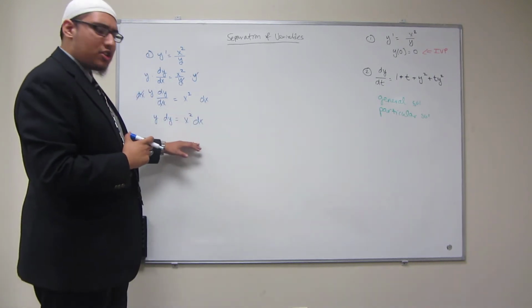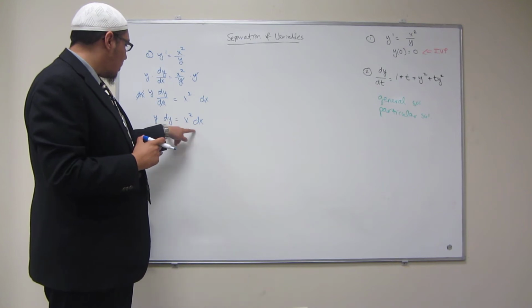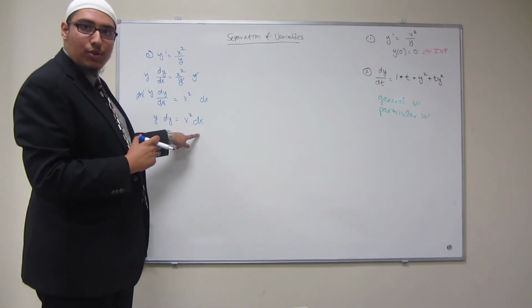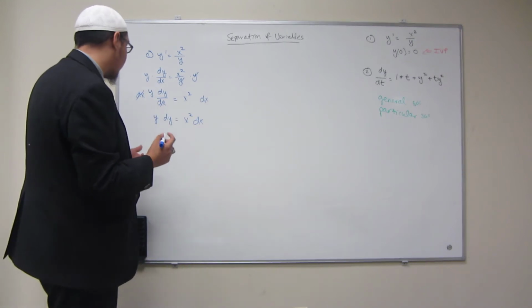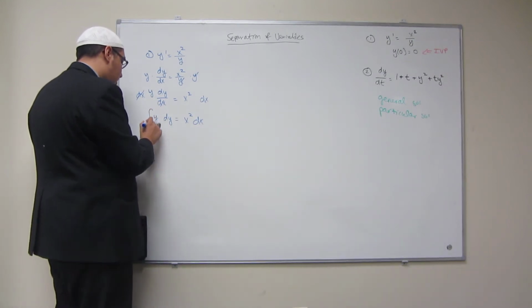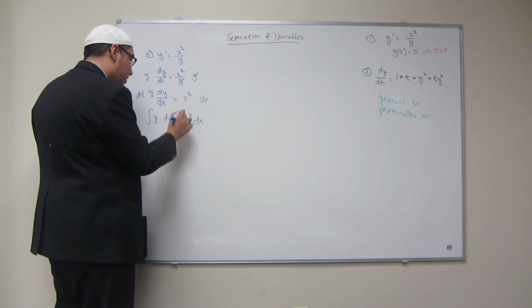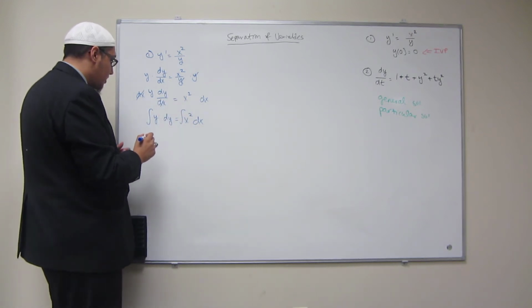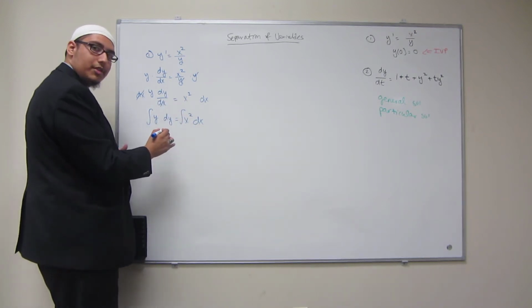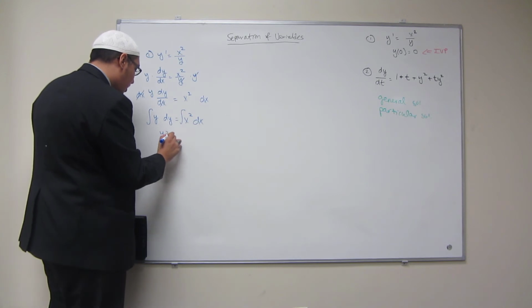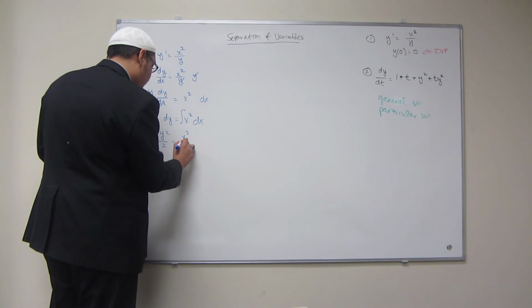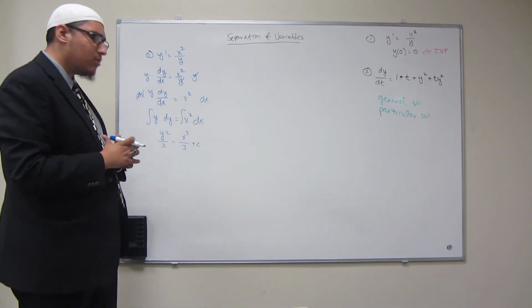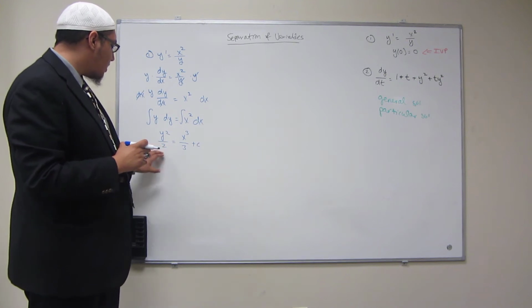Now, here's what I mentioned about the integral. To get rid of a differential, a dy or dx, you would simply want to take the integral of that piece. So you would take the integral of the left and the integral of the right, thus getting, by the power rule of integration, y squared over 2 is equal to x cubed over 3 plus c. Now, you might be wondering why I don't have a plus c on this side.